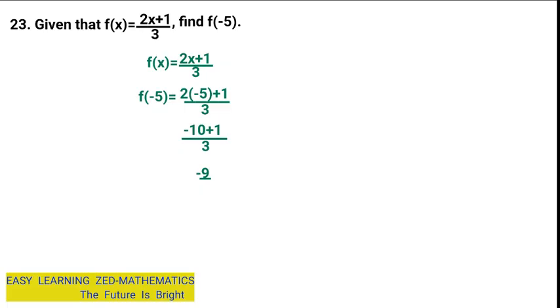Then negative 9 divided by 3 will give me negative 3. So when I evaluate that, I'm going to get negative 3 when x has the value of negative 5. Okay, so let's go to question 24.